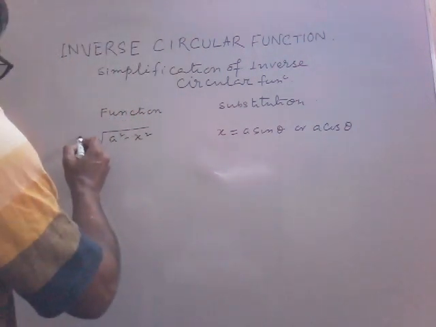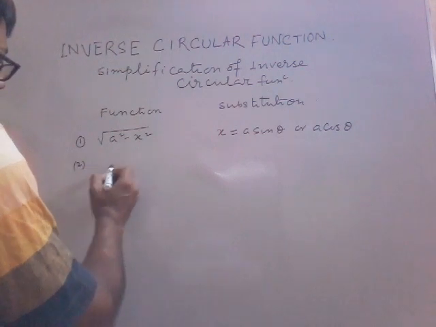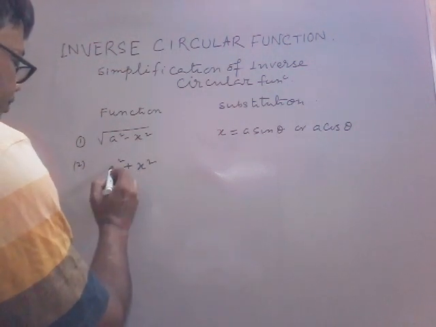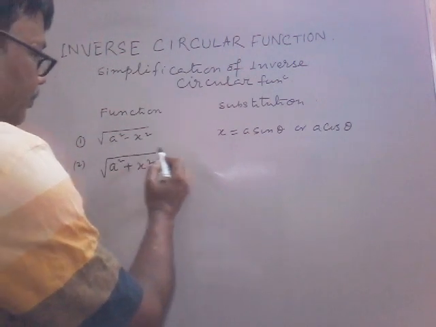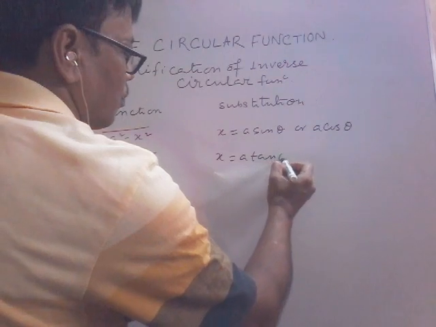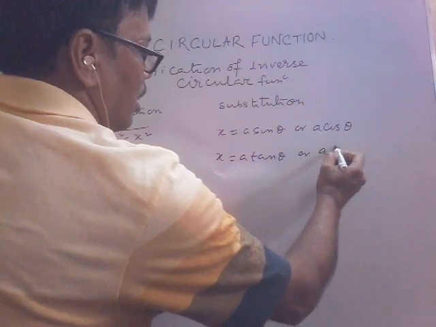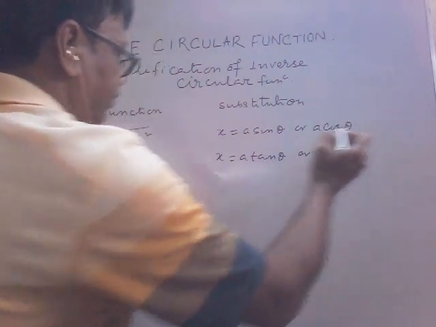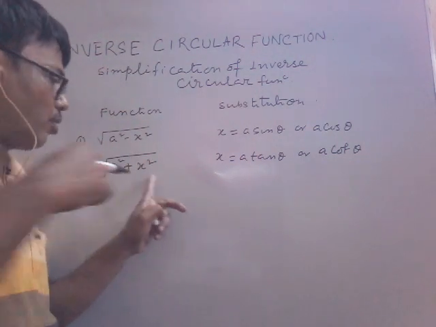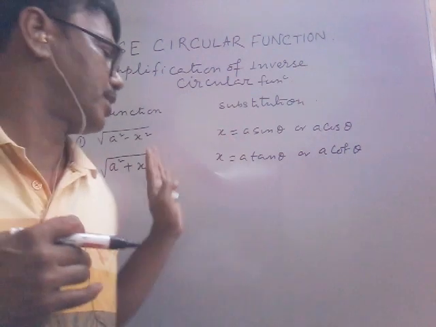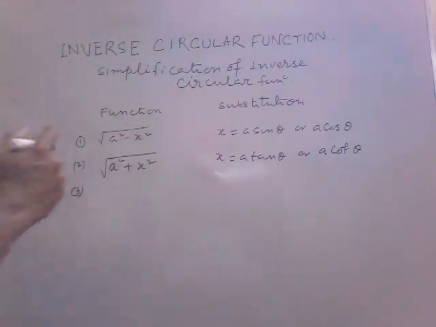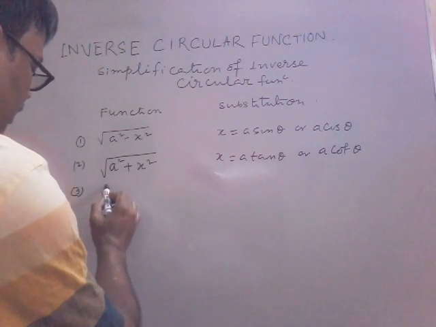Now number 2, a square plus x square. So x equals to a tan theta or a cot theta. Because a square 1 plus tan square is sec square, so it will be sec theta or cosec theta.